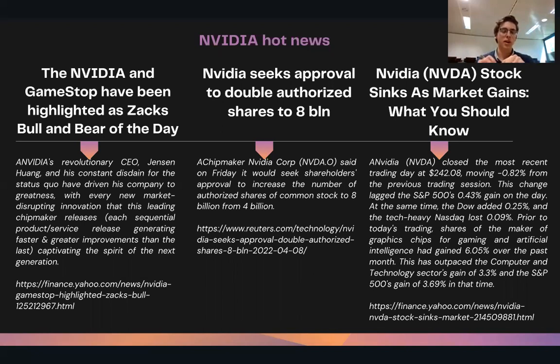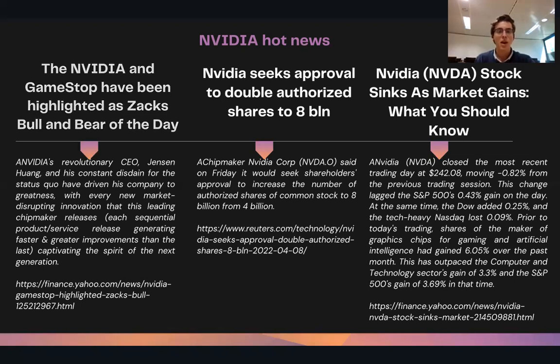It has lost a big part of its value on the shares market, but it's also restructuring a little bit how its shares are working. In NVIDIA's case, we can see that they are seeking approval from the company's shareholders to authorize a plan to double the shares.